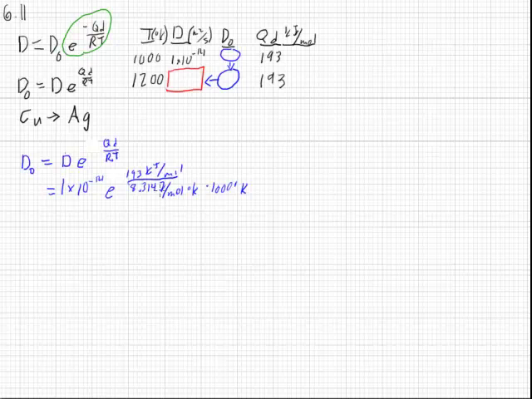Alright, let's cancel our units out, making sure we've got everything. Degrees Kelvin, moles, joules. Make sure you take this K and multiply by 1000, so it's going to be 193,000 up on top. All these units up here cancel, and what we're left with is that of the pre-exponential, which is meters squared per second.